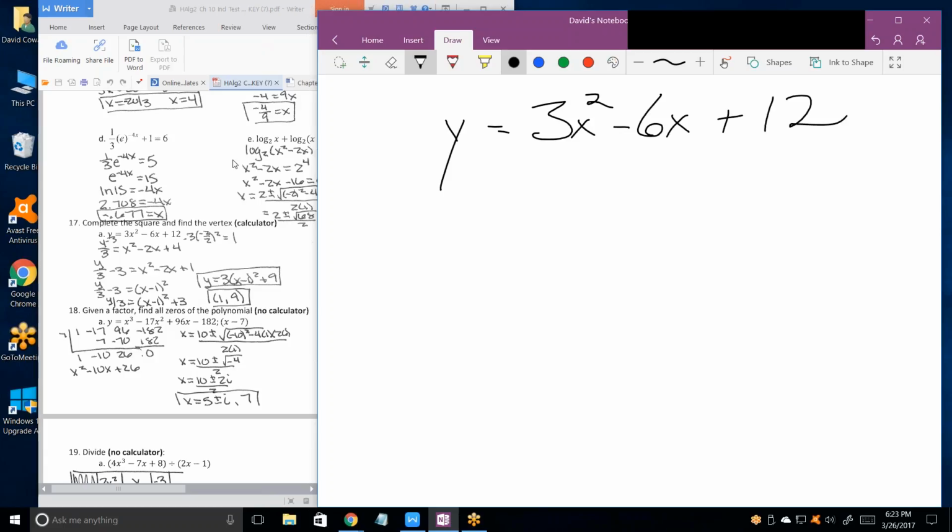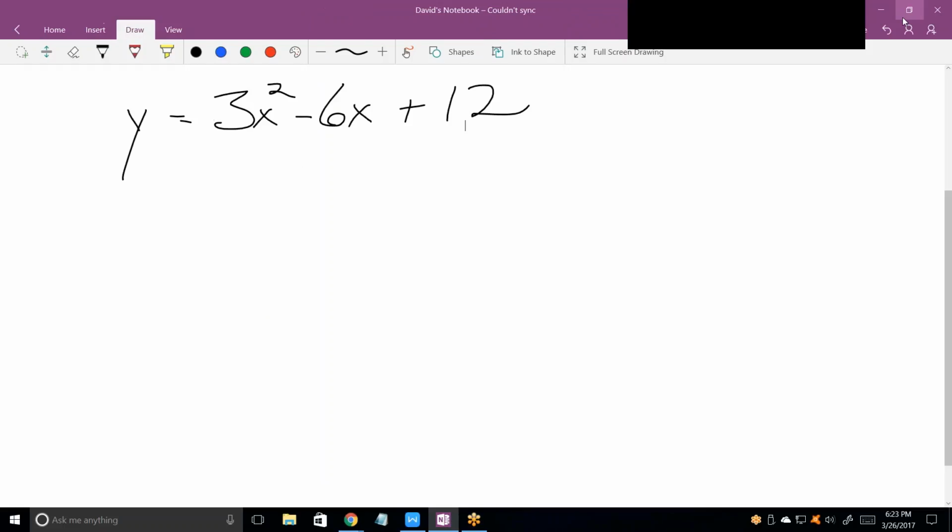Complete the square and find the vertex. Alright, completing the square. First of all, this is a quadratic. What's the shape of a quadratic? A parabola. Correct. It's either a parabola pointing down or a parabola pointing up. And you have a standard vertex format for a parabola that's very much worth memorizing.